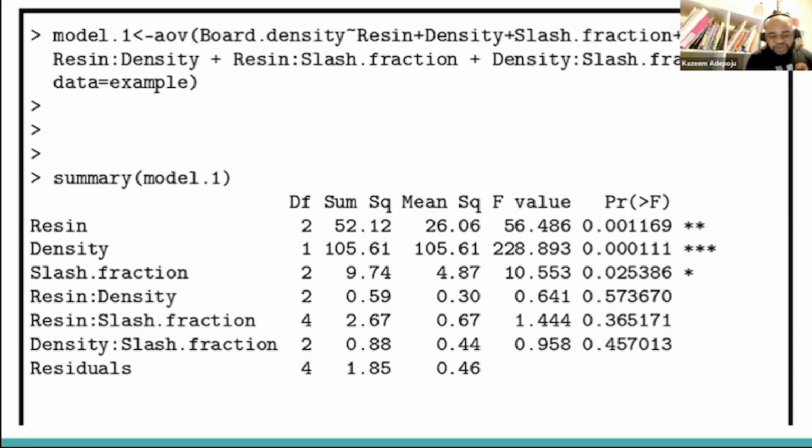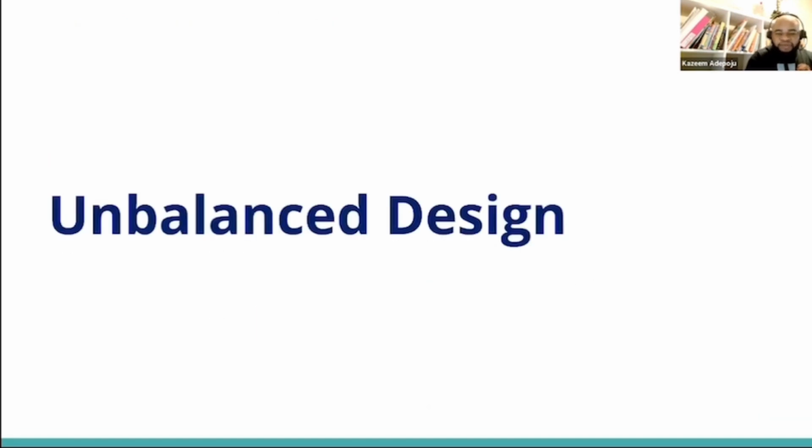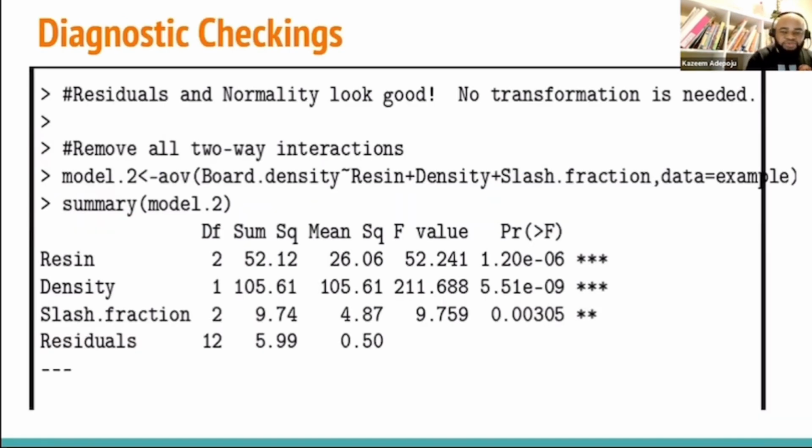We're not excluding terms just because they are insignificant, but also because the F value is less than 2, and the degree of freedom is less than 10. So that's all about the model building strategy.